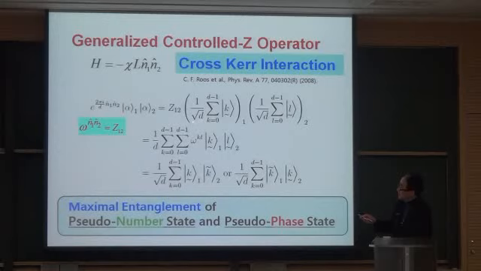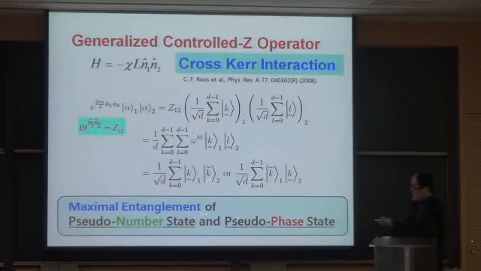Then this is nothing but a discrete Fourier transform, either on this one or on this one. So by operating this cross-Kerr nonlinear interaction on two coherent beams, this kind of laser light, you can get maximal entanglement of the first one and the second one, either pseudo-number, pseudo-phase state or pseudo-phase, pseudo-number state.